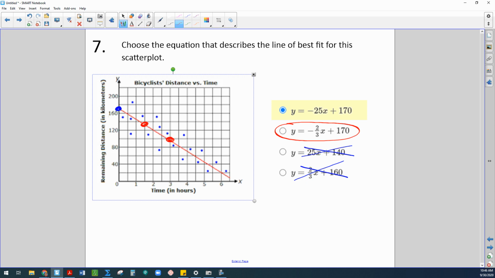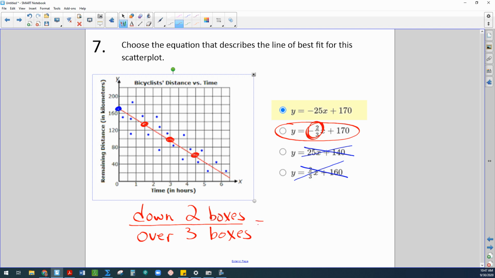So down 2 boxes, over 3 boxes is a correct slope, but that's not what your slope says. Your slope in this equation says negative 2 over 3.